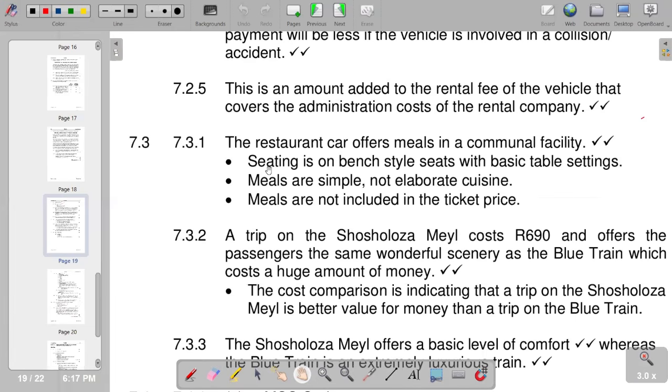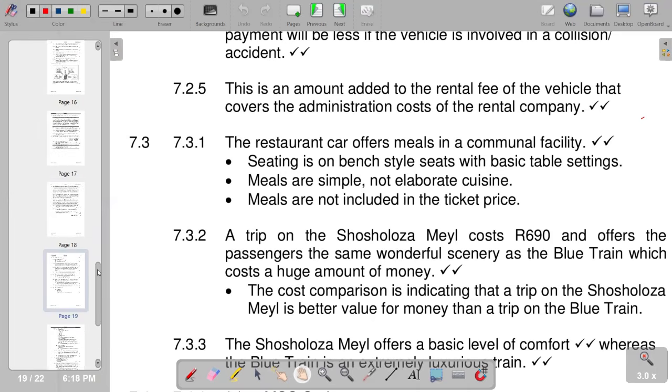Also, seating is bench style, with basic table settings. So these are other expectations that we have. Also, meals are simple, not elaborate cuisine. Then the last part, meals are not included in the ticket price. So basically, these are the responses in terms of the expectations.